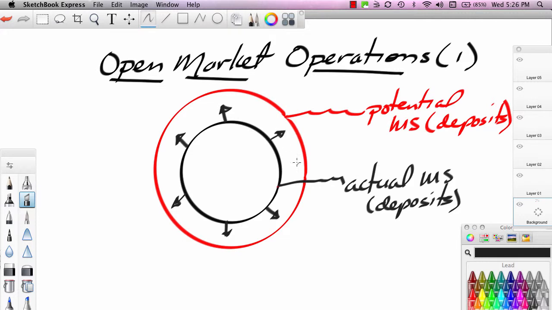Remember, the potential money supply is the money supply that would exist if there were no excess reserves in the banking system, if all funds that could be loaned out were loaned out, and if there were no currency.